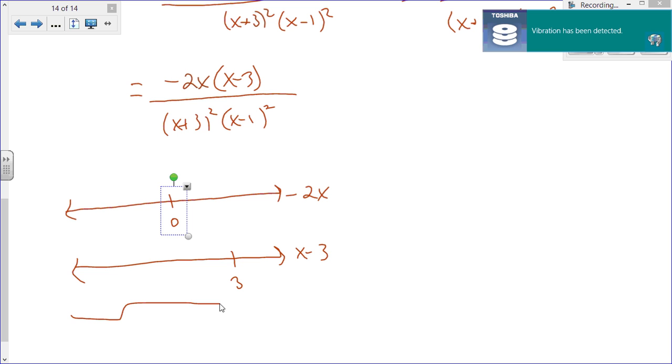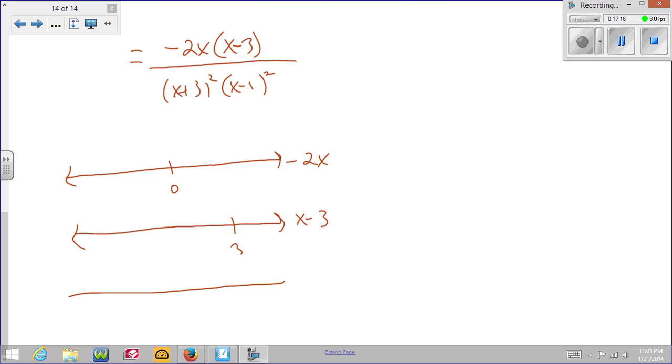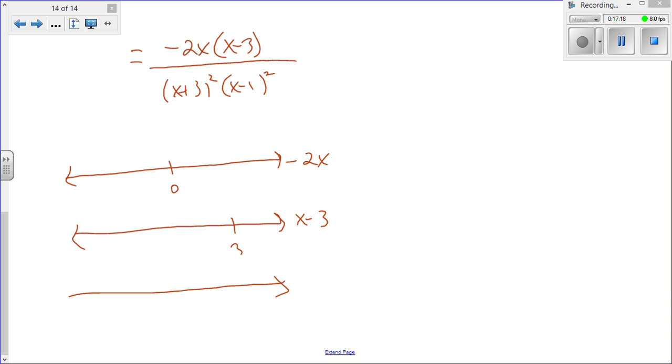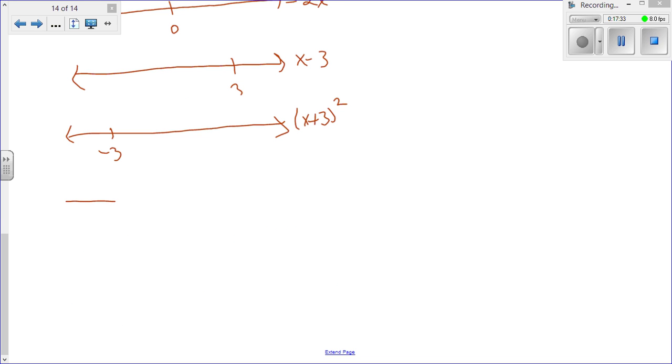Fix that in a second. Okay, and this would be x plus 3, quantity squared. That would be equal to 0 at negative 3. And then I still have one more factor, which is x minus 1. And that would be equal to 0 at 1.